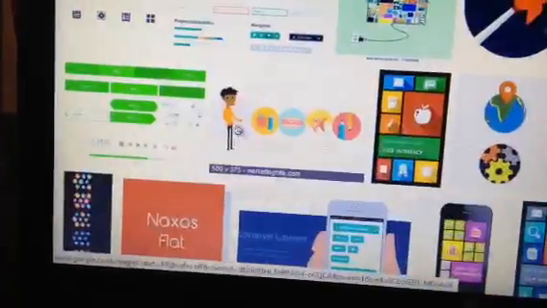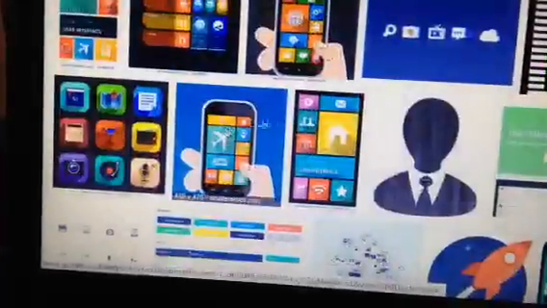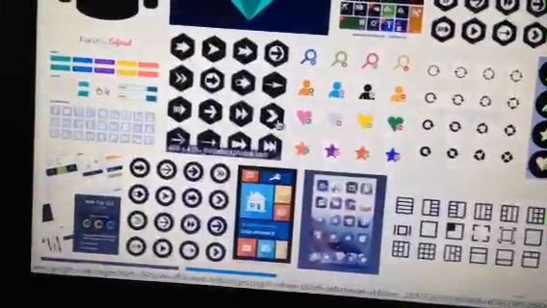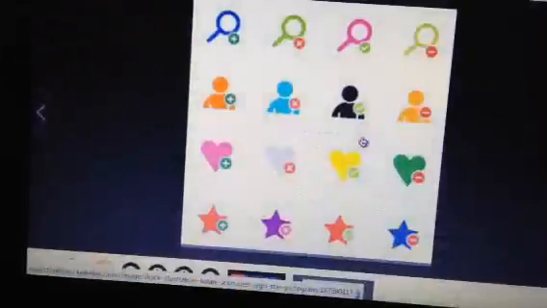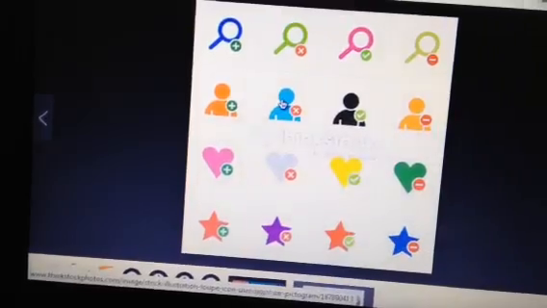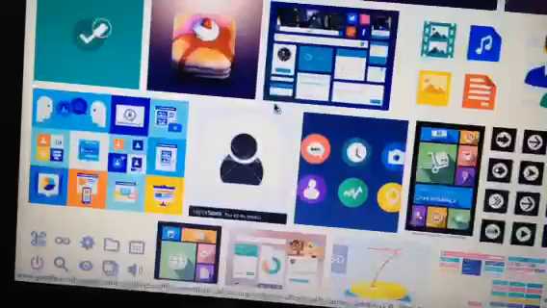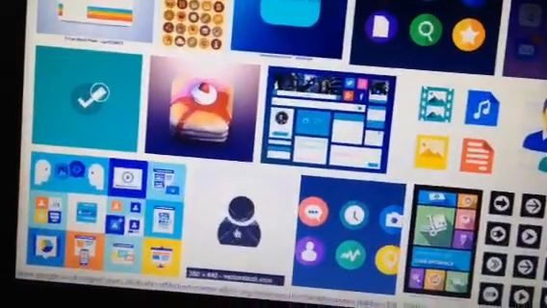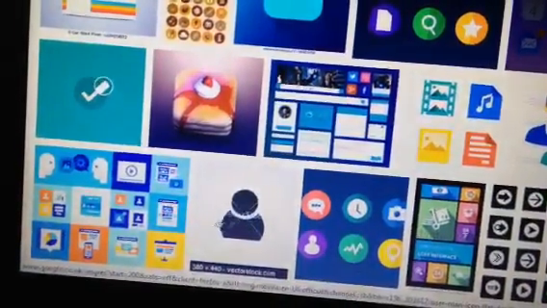Some of these things, people or user icons, don't even have necks. For example, there's no fucking neck for a head on the body. What the hell? Seriously, what the fuck? That looks like two balls.